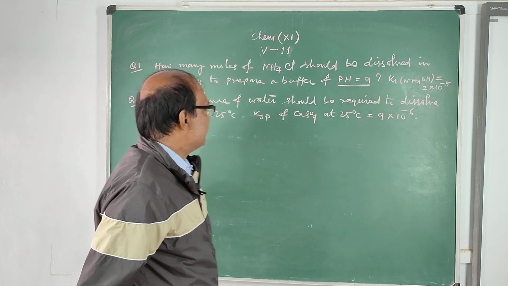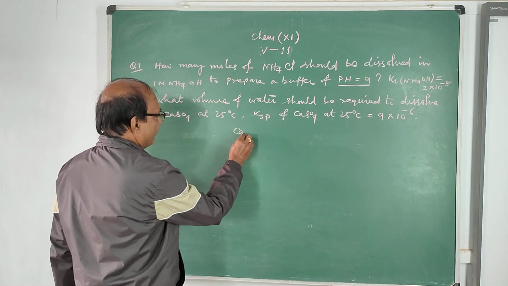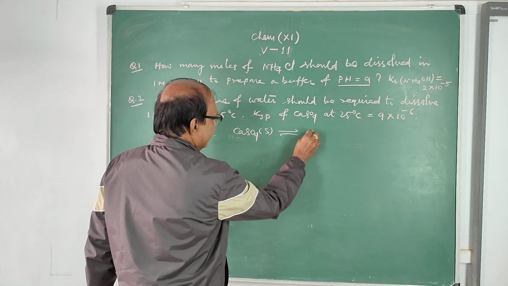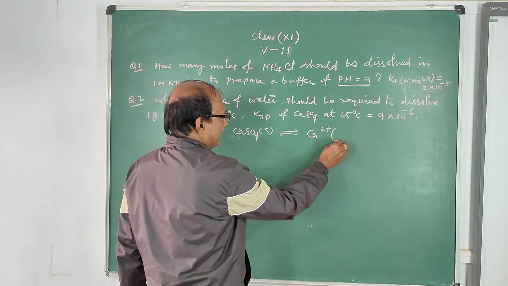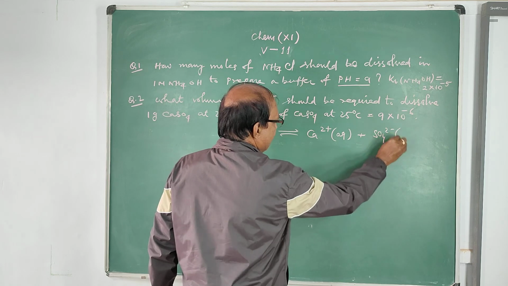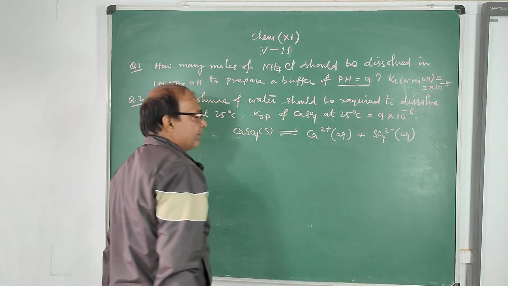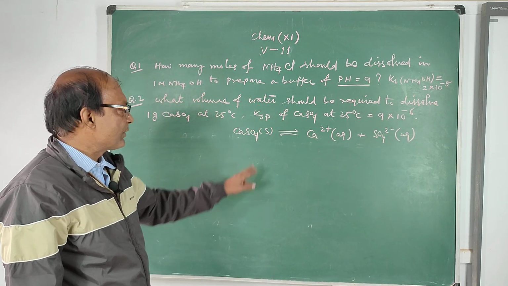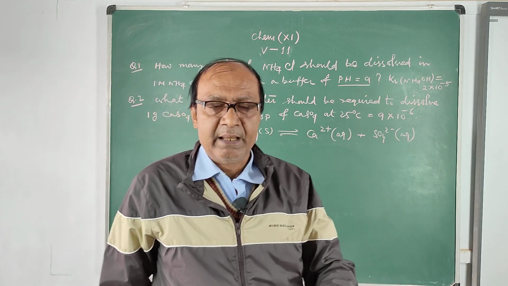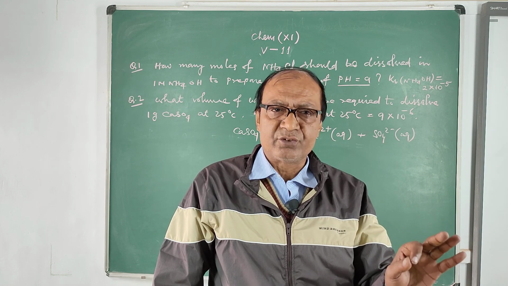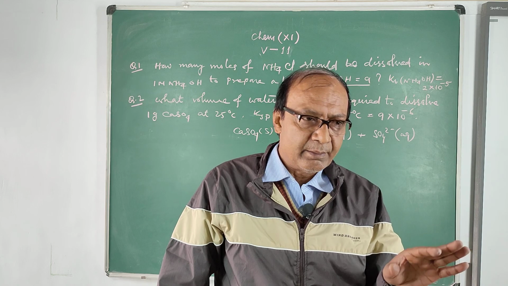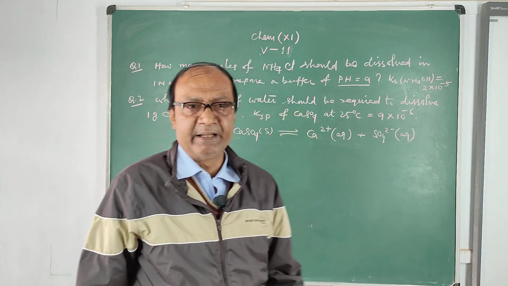So see, this calcium sulfate, CaSO4, is a sparingly soluble salt. It dissociates to form calcium ion plus sulfate SO4 2 minus ion. This is a very small dissociation. Apparently we see that the salt is not dissolving in water, but it is very slightly soluble, which cannot be examined externally.